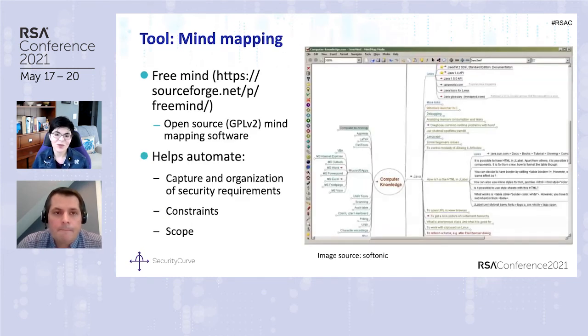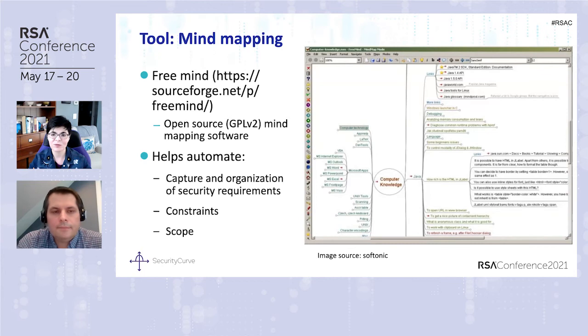And this next one is about mind mapping. I have to say that I sort of went kicking and screaming into doing mind mapping, because at first I was like, is it just another annoying way for people to think that they're looking cool or whatever? But mind maps actually are really, really helpful, especially when you're trying to get security requirements from a number of stakeholders across an organization, because you can start just with brainstorming and you start to see patterns and interconnections begin to appear as you use a mind mapping tool.